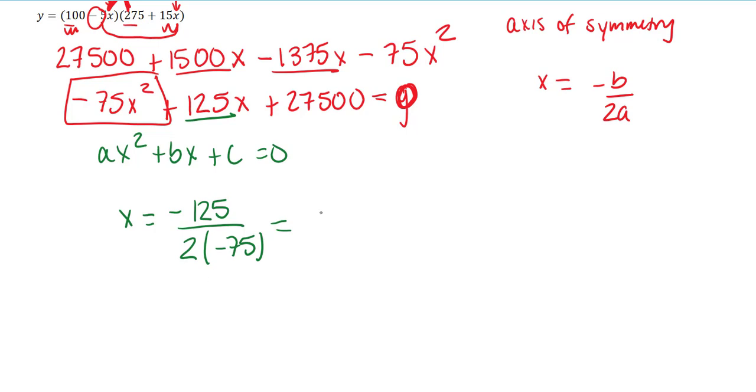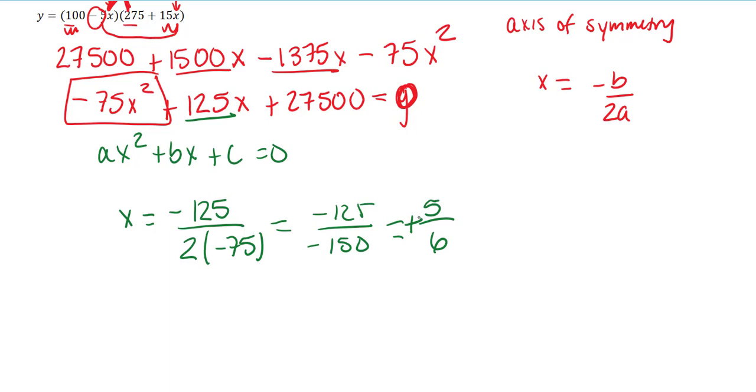We have the negative on top and the bottom, so that means it's just going to become positive. Let's divide by 25 on top and bottom. So we get 5 over 6, and this is positive now. So we're just a little bit to the right of the origin.